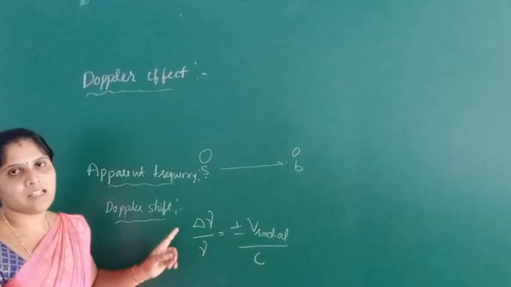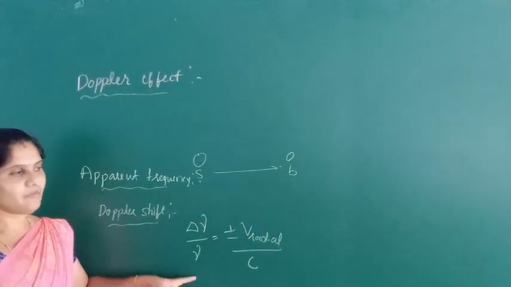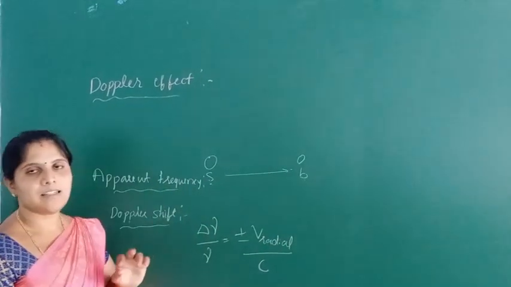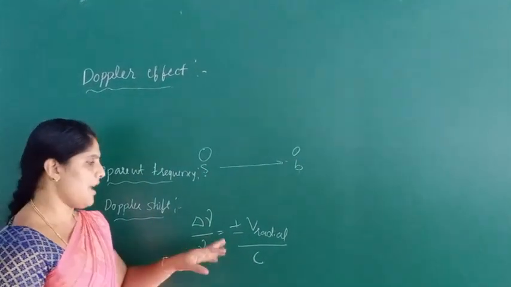Here delta mu is the change in frequency, mu is the original frequency, v radial is the radial velocity, and c is the velocity of light in vacuum.